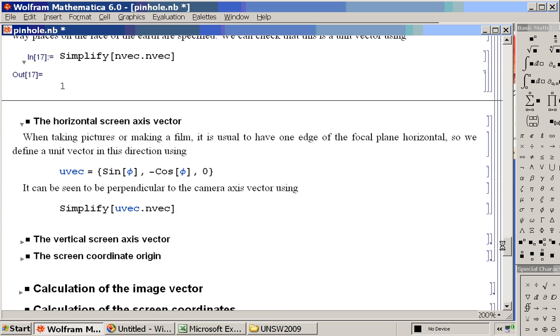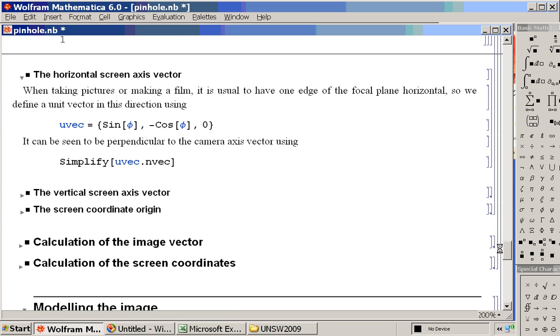So we now want to define the remaining 2 camera axis vectors. Well, normally when you use a camera, you usually have one of the axes of the camera horizontal. If you don't, it looks kind of funny. So I'm going to choose that horizontal screen axis vector to be this.